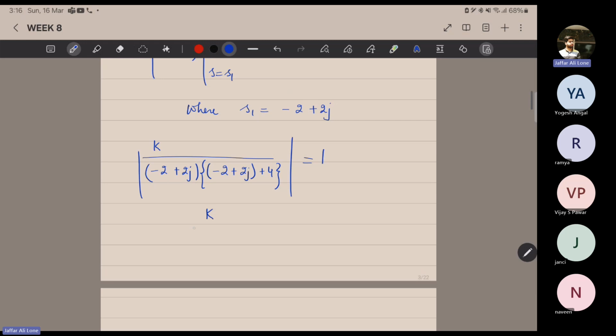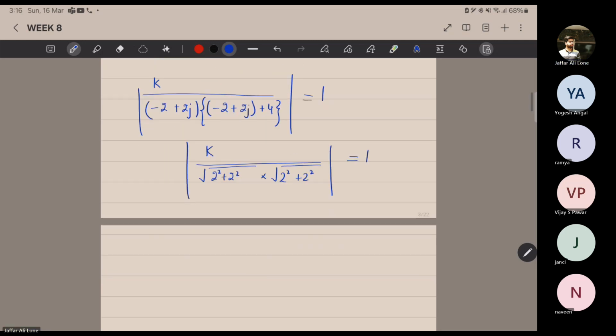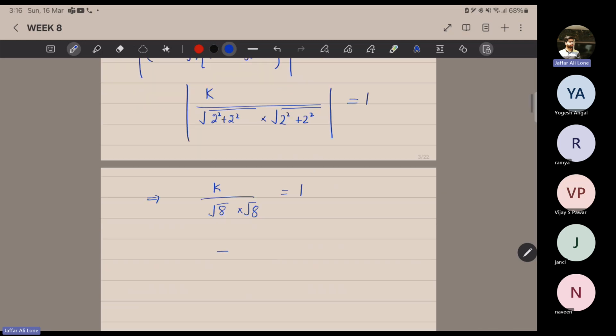Simplifying, we get k over root of 2 square plus 2 square into root of 2 square plus 2 square equals 1, which implies k over root 8 into root 8 is equal to 1, so k is equal to 8.